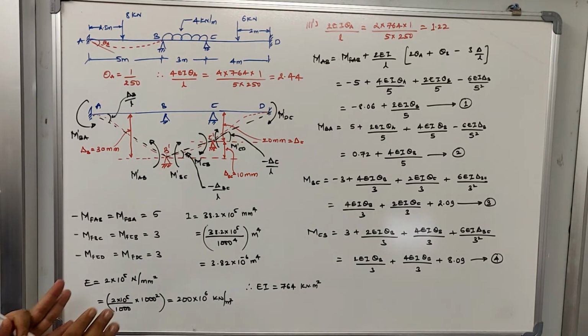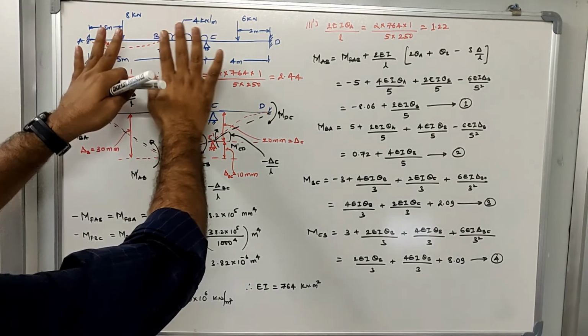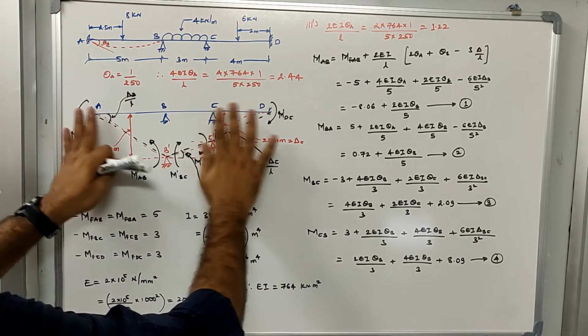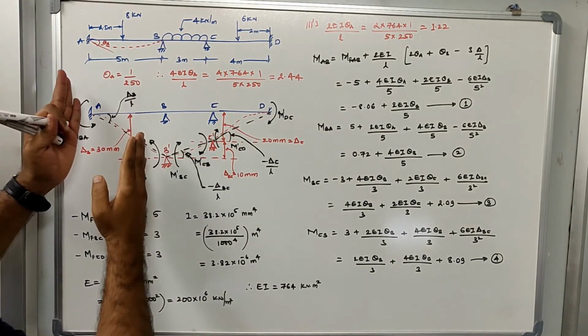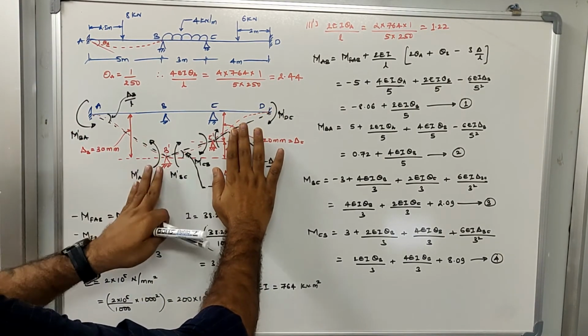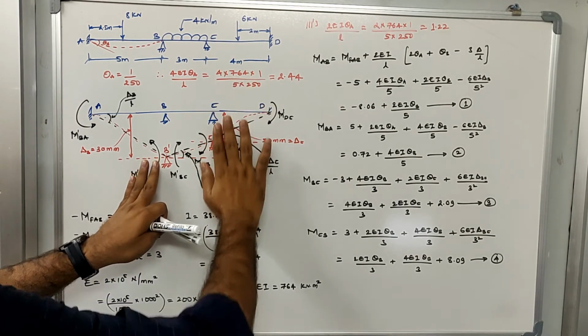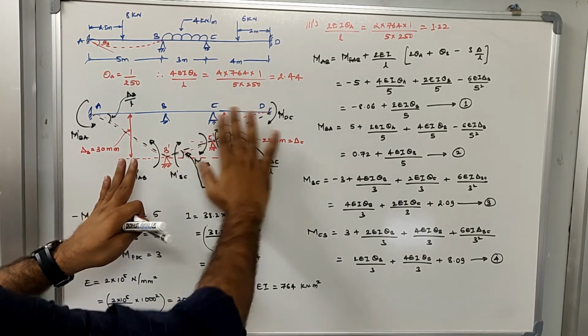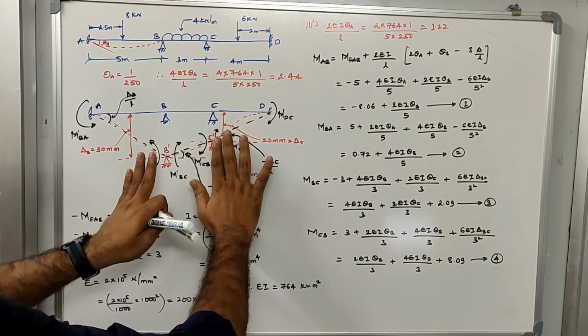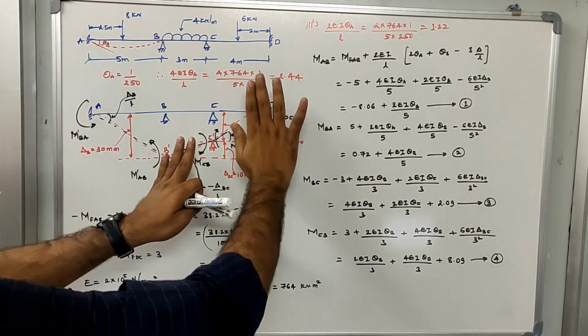That's why I told you to divide this entire continuous beam into two parts. One part where near end is at higher elevation, and another part where near end is at a lower elevation and far end is at a higher elevation. So in member BC and CD, near end is at a lower elevation, far end is at a higher elevation, as you can see.